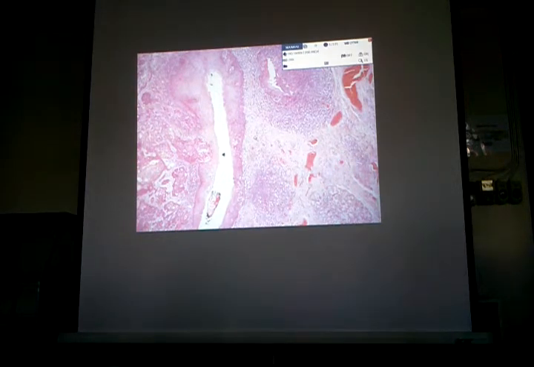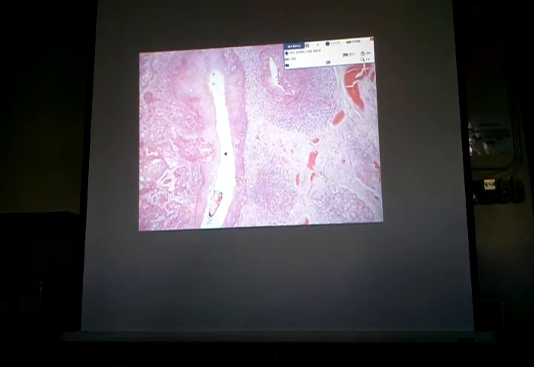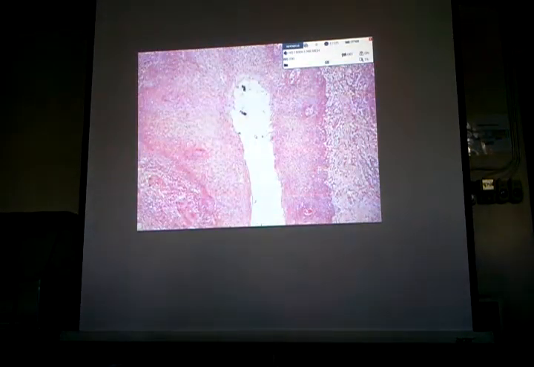So in this portion of the slide, the portion pointed is the regular epithelium. Regular stratified squamous epithelium. Now, you can notice there is a maturation pattern displayed by the squamous cells.